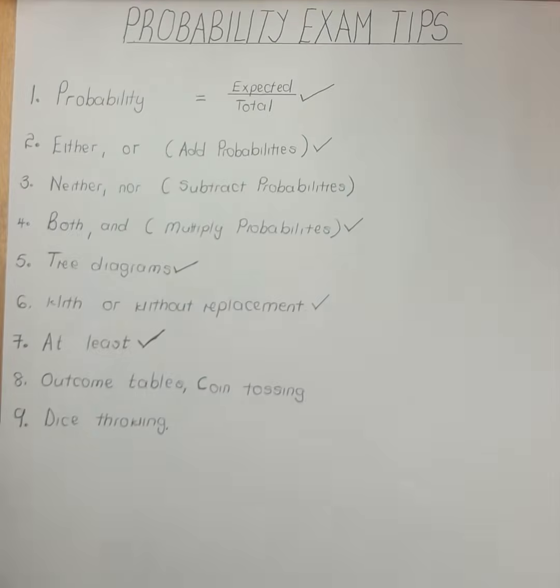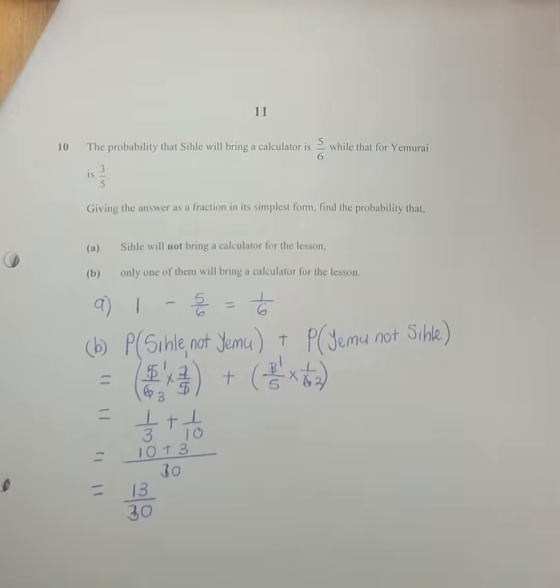And then the next objective that we want to cover is that of neither nor. I'm going to use a question from November 2015, Maths paper 1. So it was on number 16. It is saying the probability that Sihle will bring a calculator is 5/6, while that for Yemrai is 3/5.